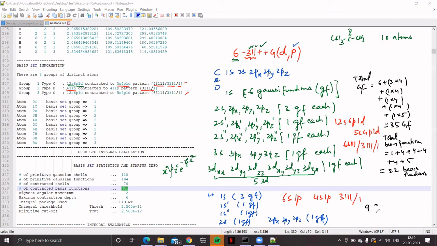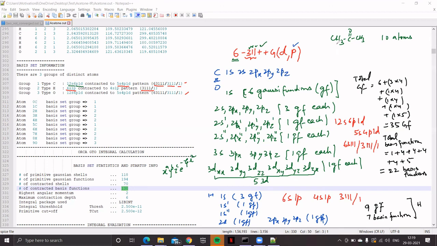So this is 9 Gaussian functions for each hydrogen atom. And how many contracted basis functions? So 4 of this and 3 of this. So total 7 basis functions for each hydrogen atom.